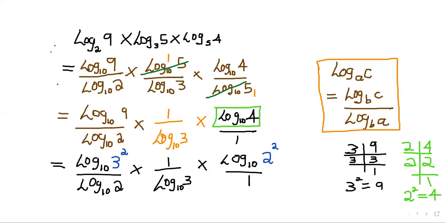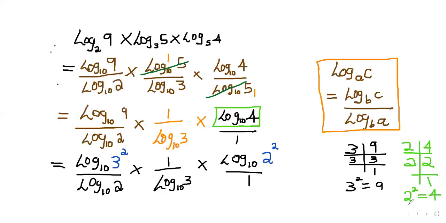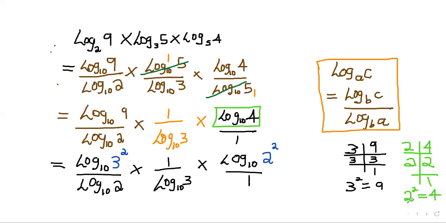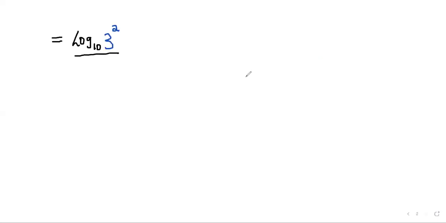So previously here we had log 10, then we had 3 squared. Let me write it as it is. And then we divide by log 10 base 2. So we had the log of 10 base 2, as you can see.